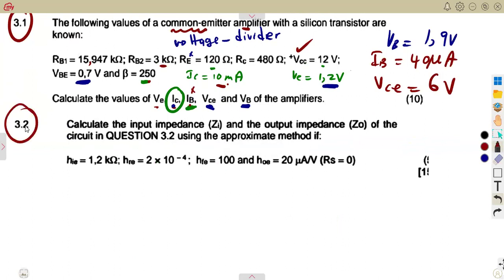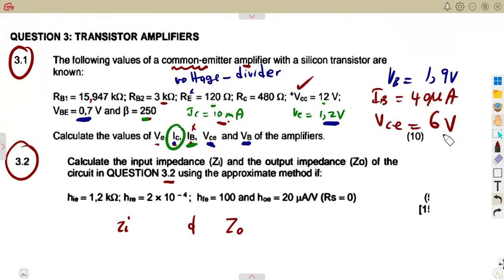On 3.2, they are saying we need to calculate the input impedance, which is ZI, and the output impedance, which is Z out, of the circuit that we had in 3.2, of the voltage divider. Remember I said it's a voltage divider.